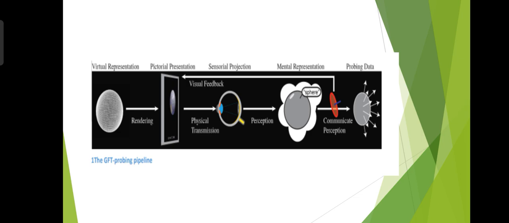Then it performs communicative perception. After performing communicative perception, we get probing data. Here we can see how it performs virtual representation, pictorial representation, sensorial projection, mental representation, and probing data.